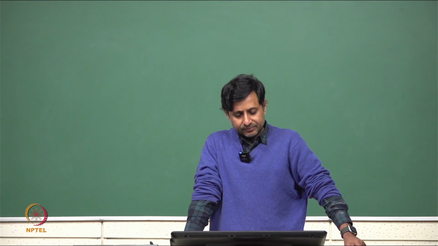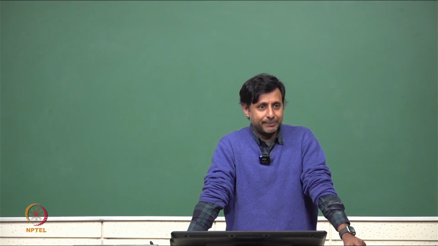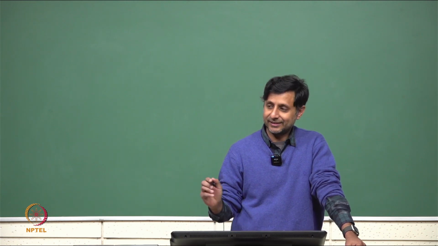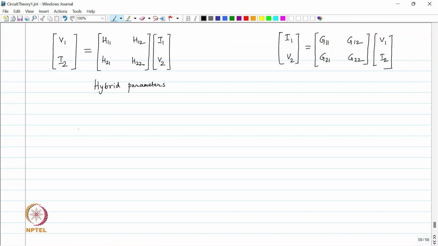All right. So, H parameters, which are the dependent ones, which are the independent ones? V1 and I2 are dependent, I1 and V2 are independent. Okay. How will you remember which is what?